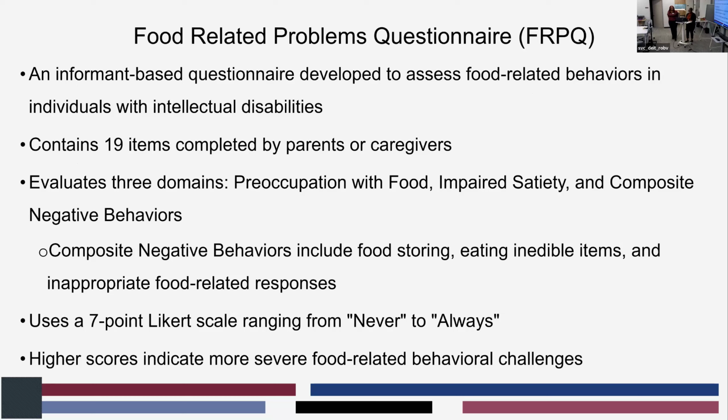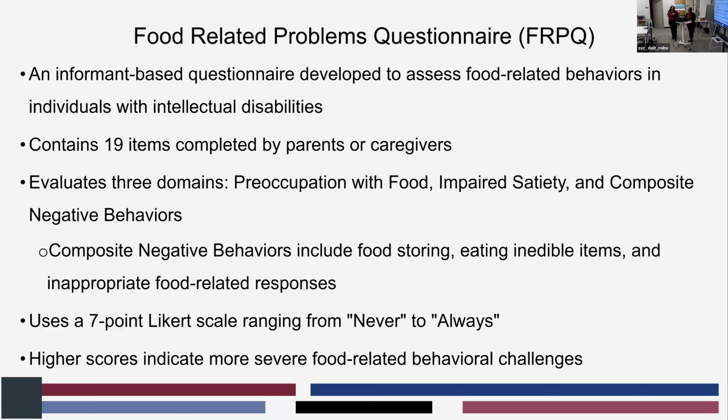The FRPQ measures three major areas. First, preoccupation with food, which looks at how often an individual thinks or talks about food. Second is impaired satiety, which assesses difficulty recognizing fullness or controlling food intake. Third is composite negative behaviors, which includes behaviors such as taking or storing food, eating non-food items, and displaying inappropriate responses related to food.